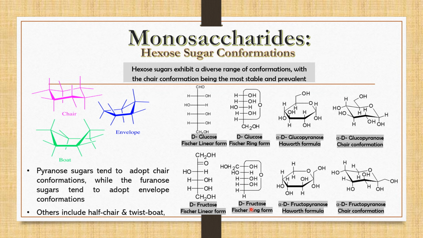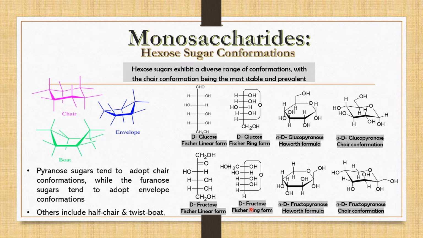Conformation denotes the arrangement in space of atoms in a molecule, which can be achieved by rotation about a single bond. Although the Haworth formula gives a better indication of the true structures of sugars than do the straight chain forms, they do not represent the actual conformation.